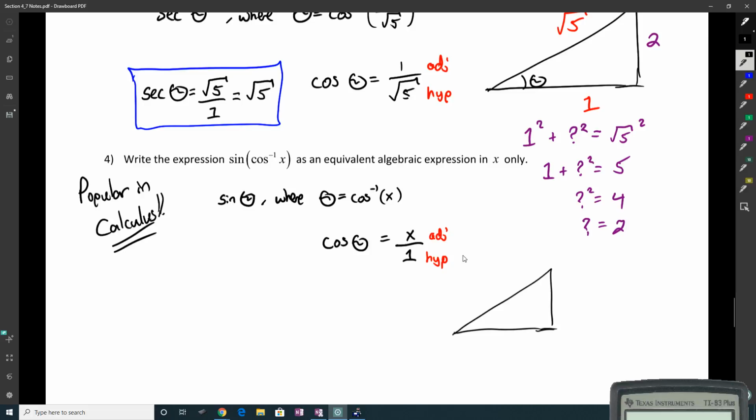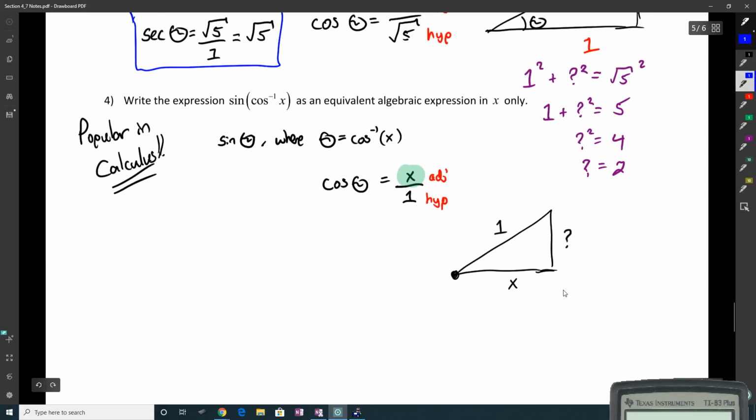This adjacent means that the x, there were two x's I could have created. If this is the origin, this would have been x, and this is negative x. But since this x here is positive, I know I don't have to worry about the left-hand side. I can just deal with the right-hand side. Anyway, hypotenuse is 1, and so now I can solve for that missing side.